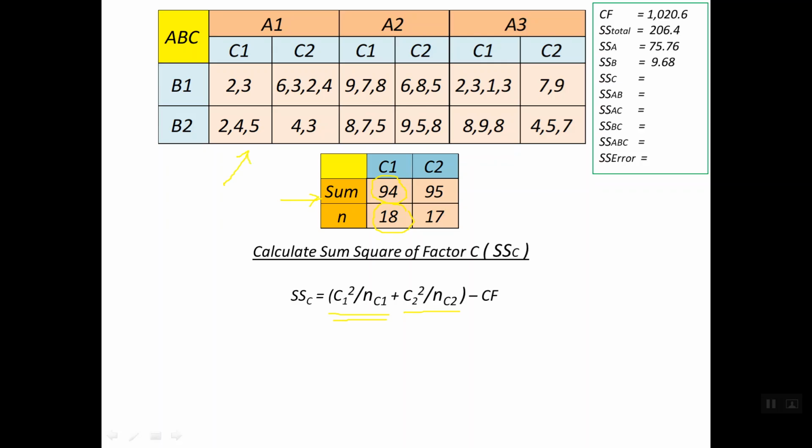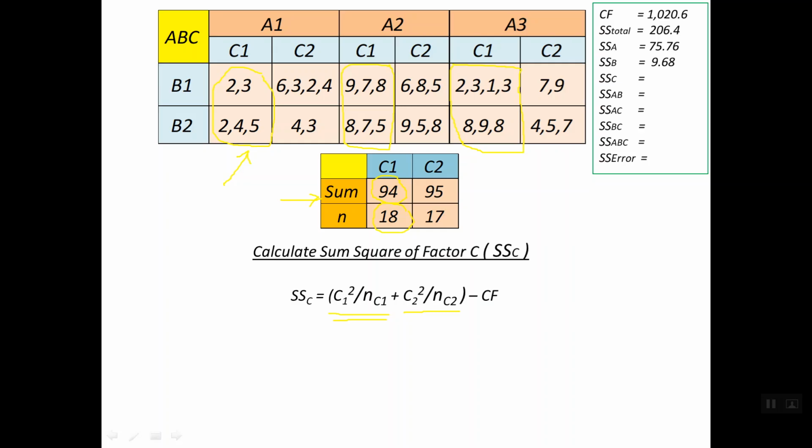C1 represents these data, and these data, and these data. If you calculate the sum of all of these data, you will get 94.